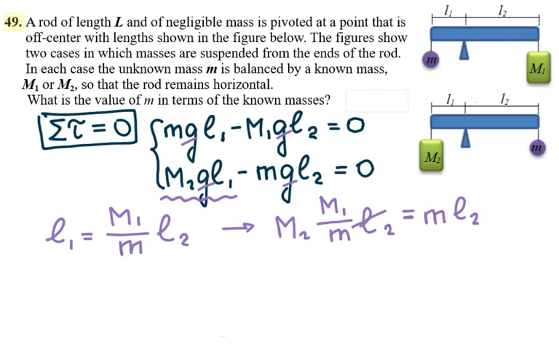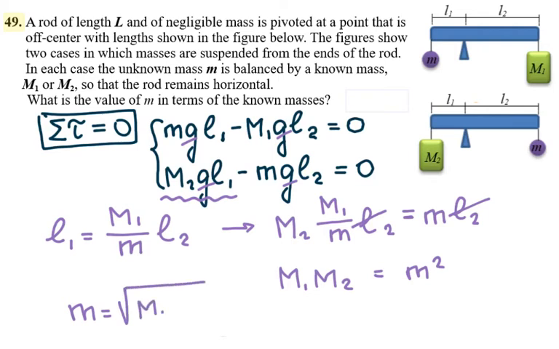So I divide both sides by L2, and when I multiply them all by m, I have m1 m2 on this side, and on the other side I have m squared. So my m is equal to the square root of m1 m2. These are very common AP Physics multiple choice type of questions.